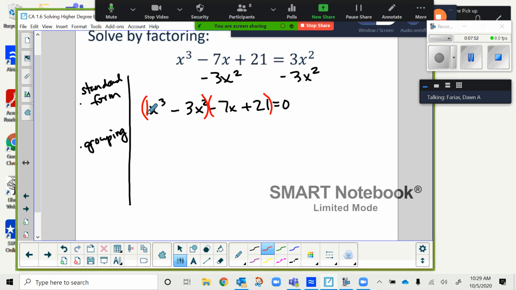But then when you look at the x's, you're trying to figure out what's the most amount of x's that they both have. And they both have x squared in them. So this is their greatest common factor. And so I divide that out, outside of the parentheses.